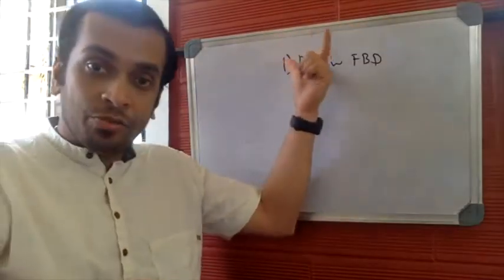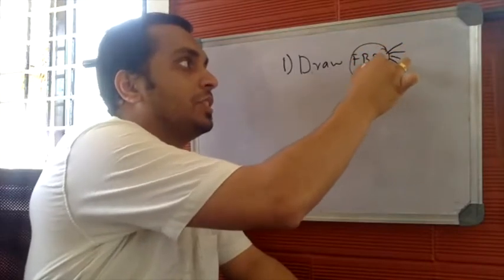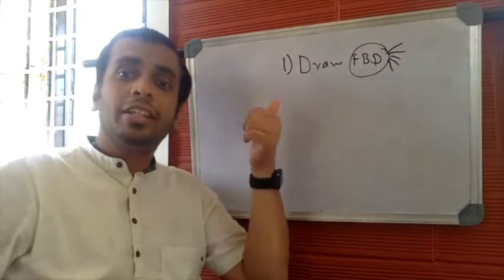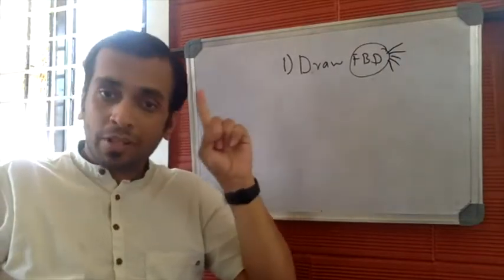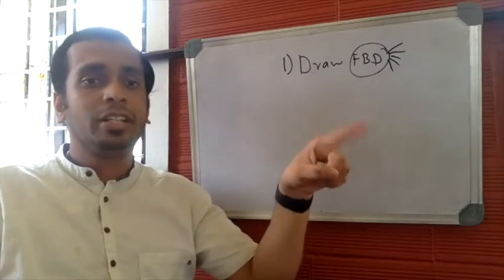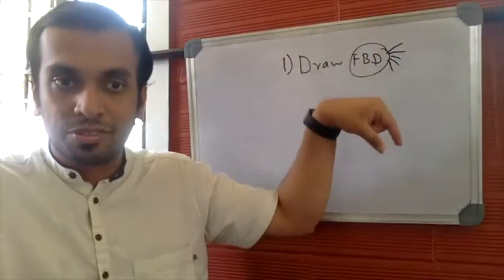Again, when you draw the free body diagram, you have several other steps which we went through in the previous video. So here, in solving the problem, step number one will be drawing the free body diagram. And again, to draw the free body diagram, you have a number of sub-steps.